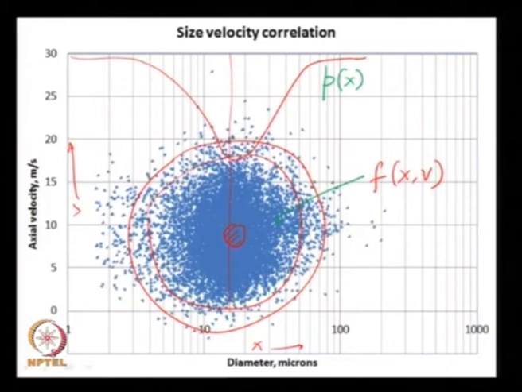If I ignore the velocity coordinate and only do the binning in the x coordinate, what I get will look like that top red curve, that is my p of x. If I ignore the diameter coordinate and only do the binning in the velocity coordinate, I will get something that looks like this.